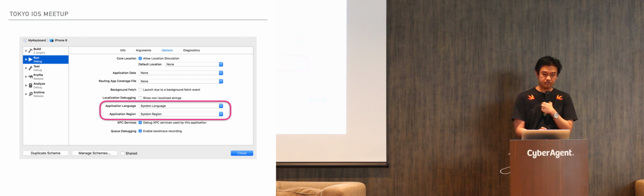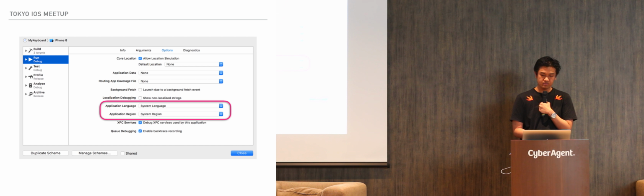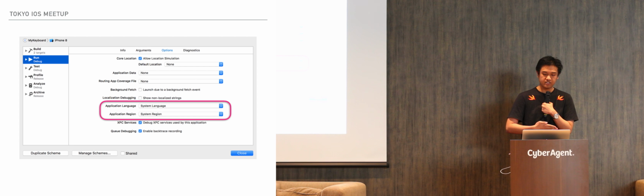Now when you run your debugger on your keyboard extension, Xcode will list apps from your simulator or your device where you want the keyboard to execute. Xcode will run that app instead. It can be any app, not just your app, any app in the App Store. Xcode will run that app, attach the debugger, and when you find a text field or some input view in that app, and your keyboard appears, you can start debugging.